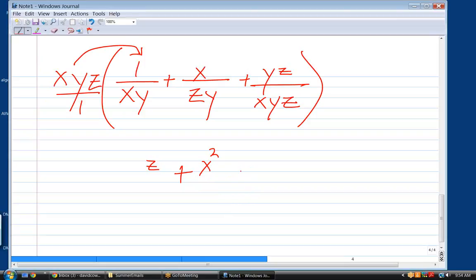And finally, x y squared z squared over x y z. And what does that simplify to? y z. Very good. And there's your answer.